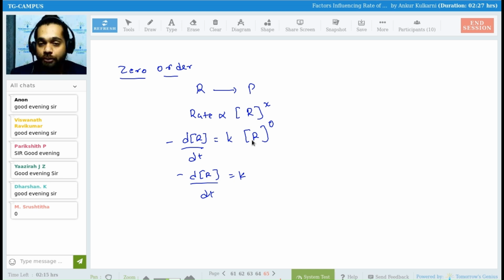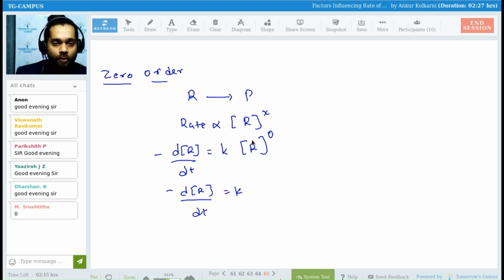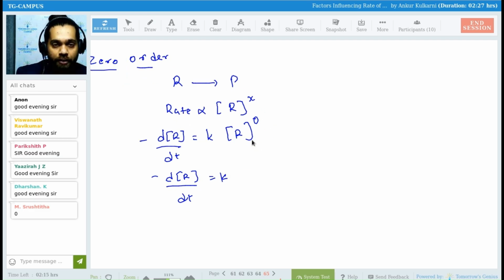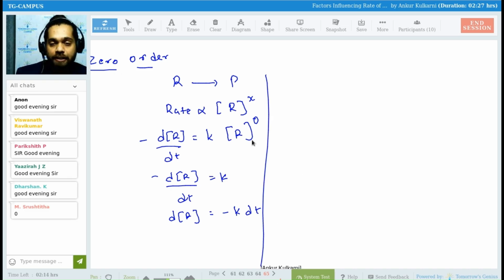So I can take dt to that side, and I can take minus to that side. So over here, I'll get dR is equal to minus K dt. And if I do the integration, we have done this in the last lecture. Look into your book.